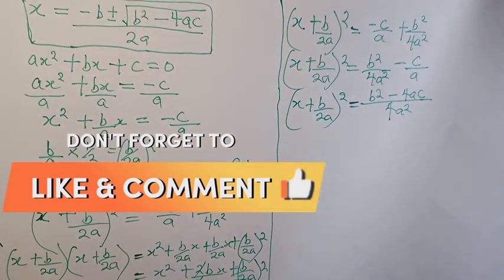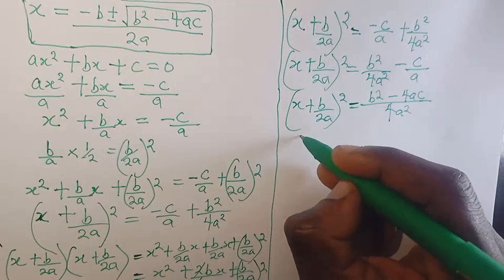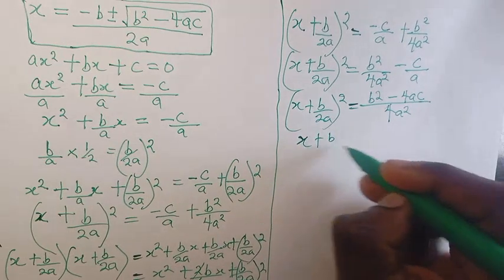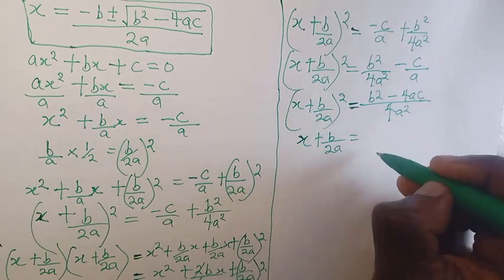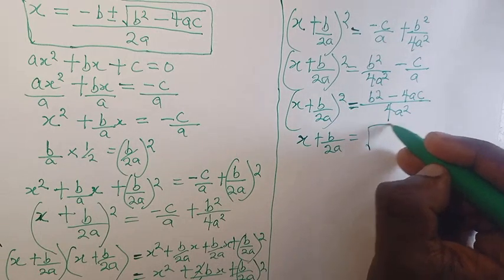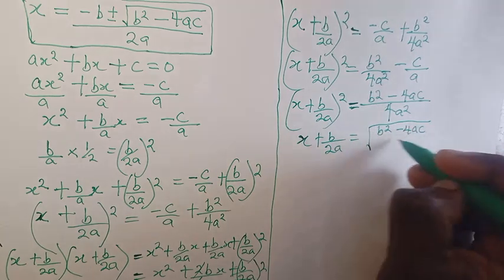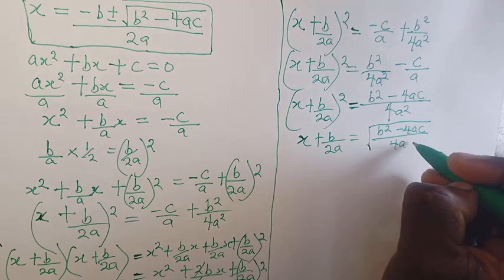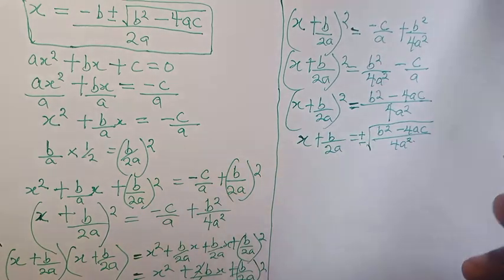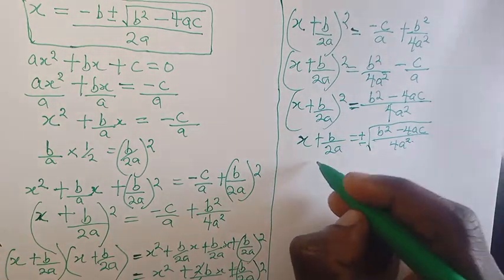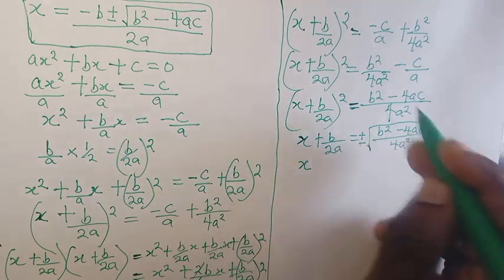Now the next step is to take the square root of both sides. And when we take the square root of both sides, this square disappears. So it's going to be x plus b over 2a equals the square root of b squared minus 4ac over 4a squared, and of course, a plus or minus. Then the next thing is we're going to move this term to the other side.